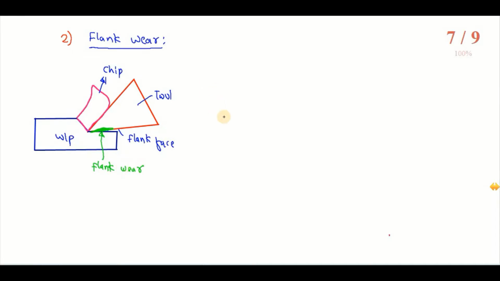So what are the reasons to get this flank wear? Why is this flank wear taking place? The first reason is the presence of friction at the tool and work interface.